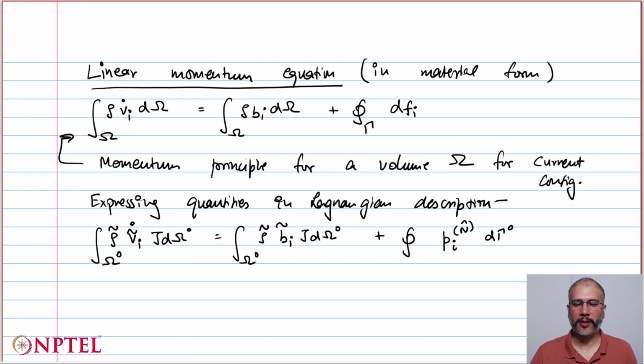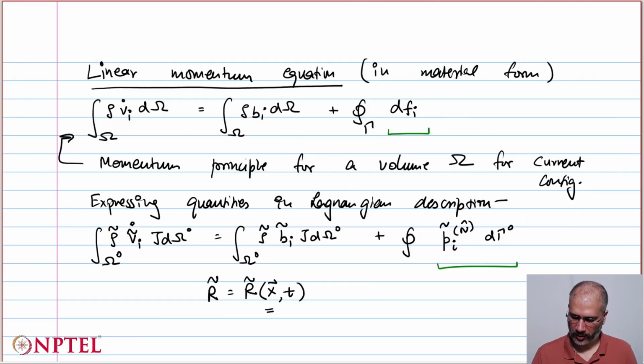So as we stated, our modified form of the Cauchy stress principle, that this dF is written as the stress vector P times d gamma naught. But since we are expressing the stress vector P in the Lagrangian description, we put a tilde on the top as well. So the tilde over any quantity means that it is expressed in the Lagrangian coordinates.